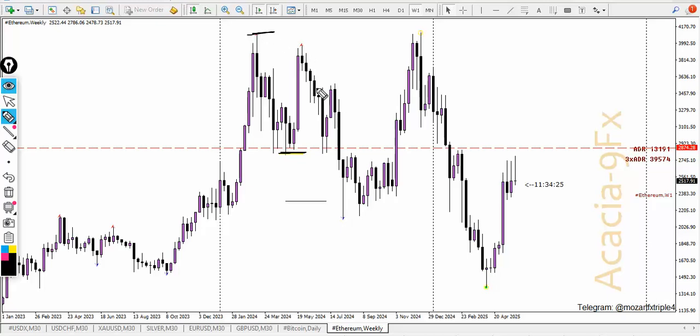If price comes below it, it is not a breaker. But this low here that pushed price above this high, even above here, if we look at it clearly, it's above this high. Then the last bearish candle before this push up is a breaker.